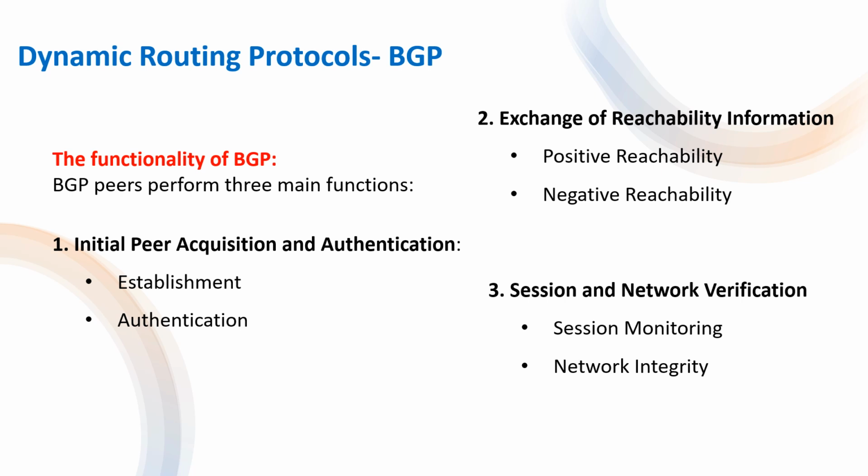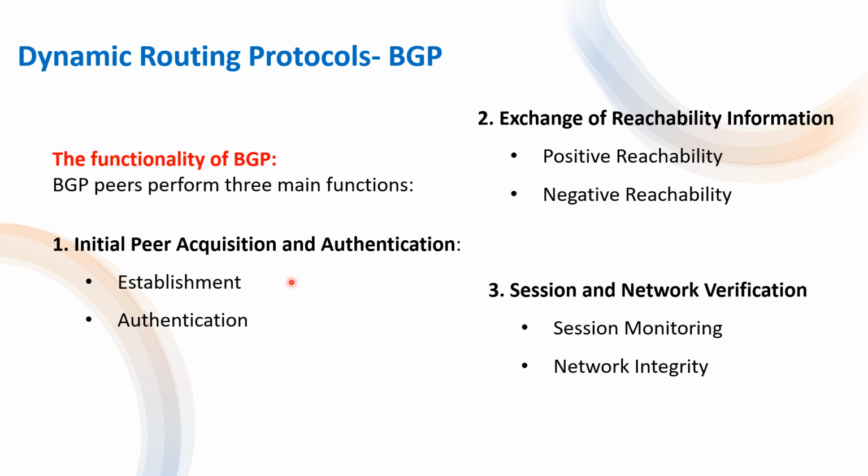Border Gateway Protocol performs three main functions: the first is initial peer acquisition and authentication, the second is exchange of reachability information, and the third is session and network verification. The first one, initial peer acquisition and authentication. BGP peers initiate a TCP connection to establish communication.